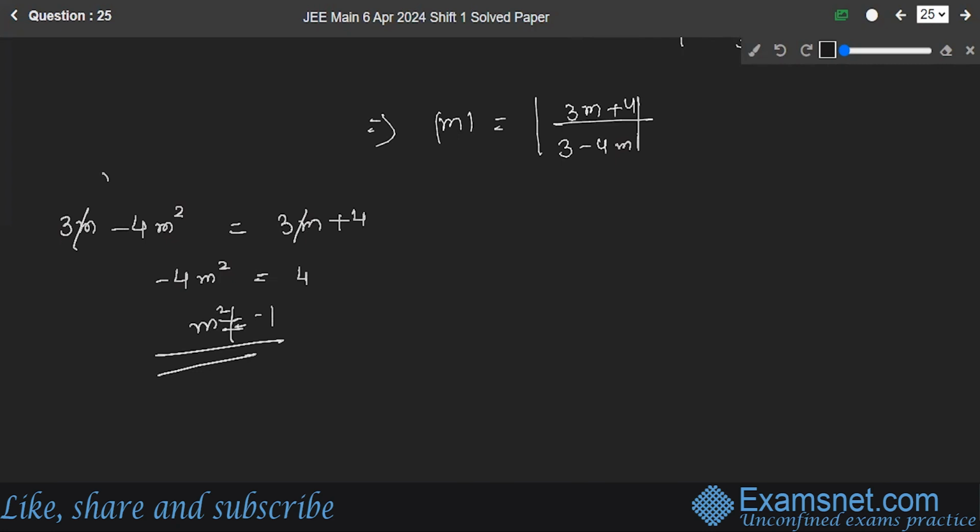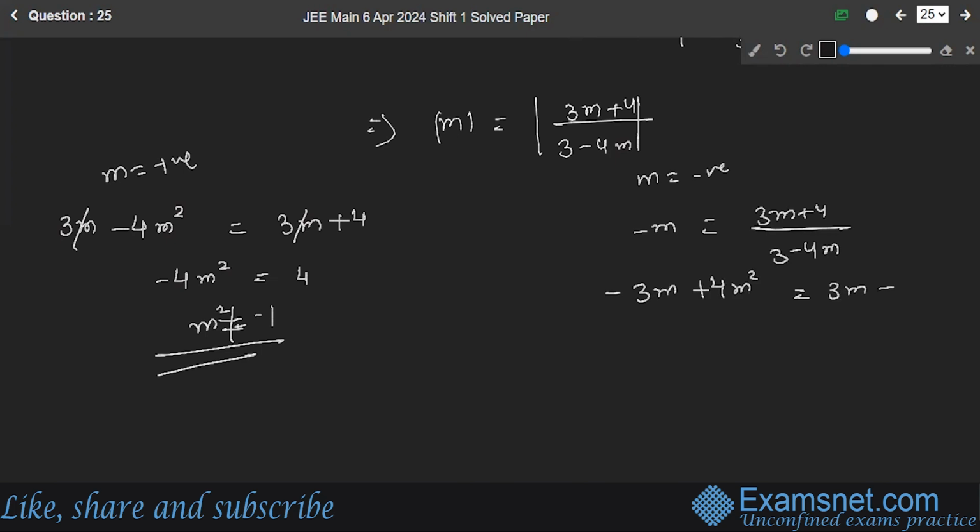The second is, this is when I'm taking m as positive. Let's take m as negative if I remove the modulus. So minus m is equal to 3m plus 4 upon 3 minus 4m. This gives me minus 3m plus 4m square is equal to 3m plus 4, or 4m square minus 6m minus 4 is equal to 0.